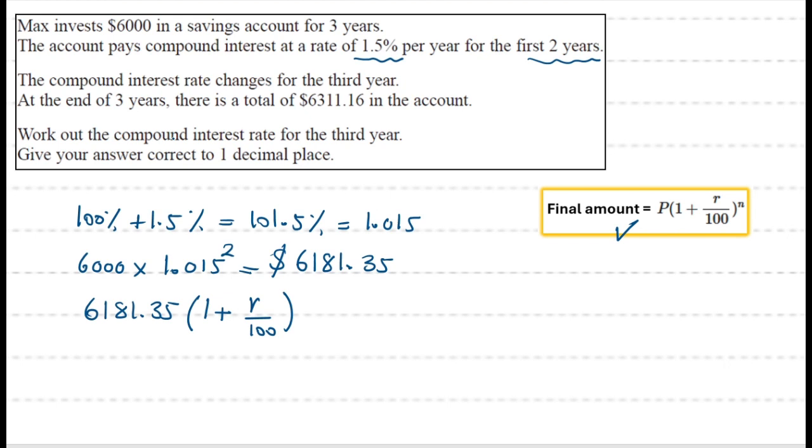So there's going to be only 1 year, which is the third year. And that gives us the final amount, which the question says is 6,311.16.